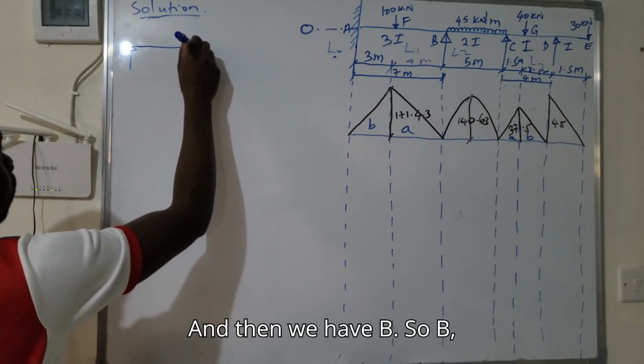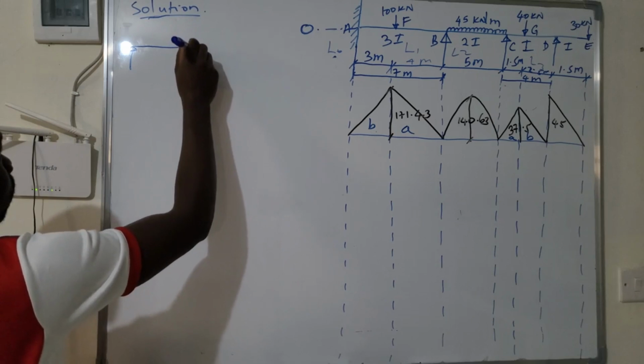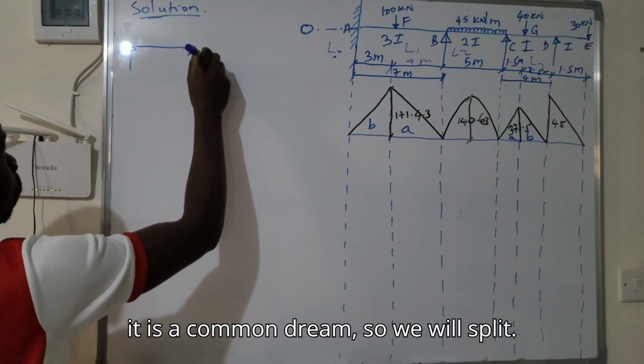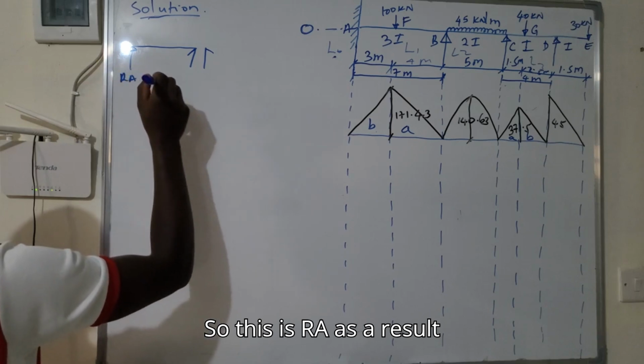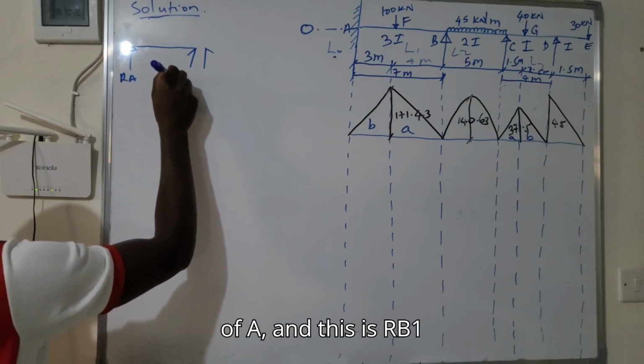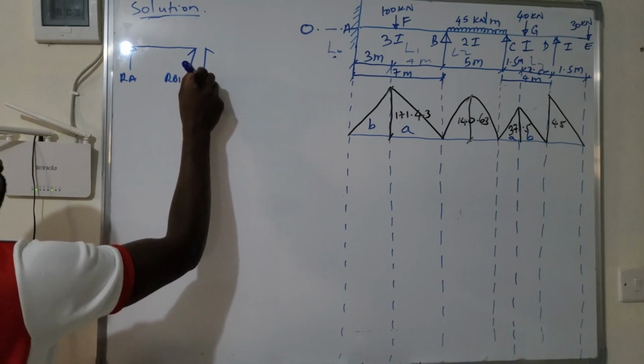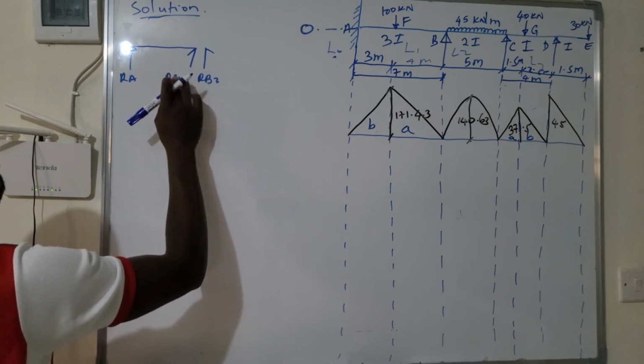And then you have B. B is a common joint, so we will split it: RB1, RB2.